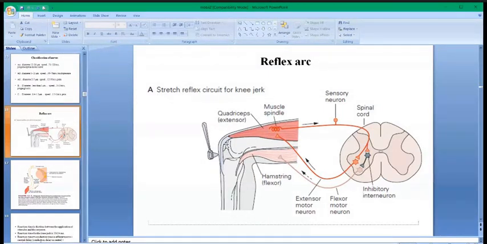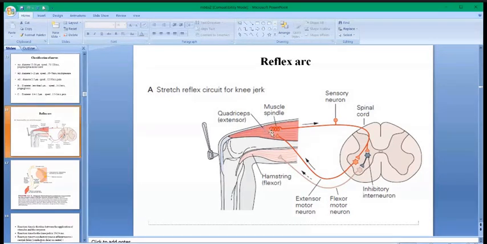Now if we tap here, this one is the femur, the bone, right? This muscle is called quadriceps femoris, and the tendon is attached here. If you tap the tendon, these muscle spindles, all arranged parallel to the muscle, will be stimulated.